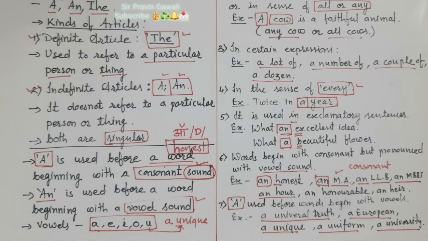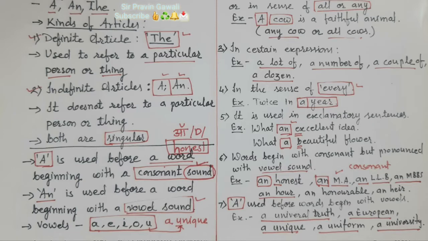Then we can use the article a if it begins with a consonant and is pronounced as a consonant. You know that most of the time we see some of the words begin with a consonant but are pronounced as a vowel. That time we will use an.